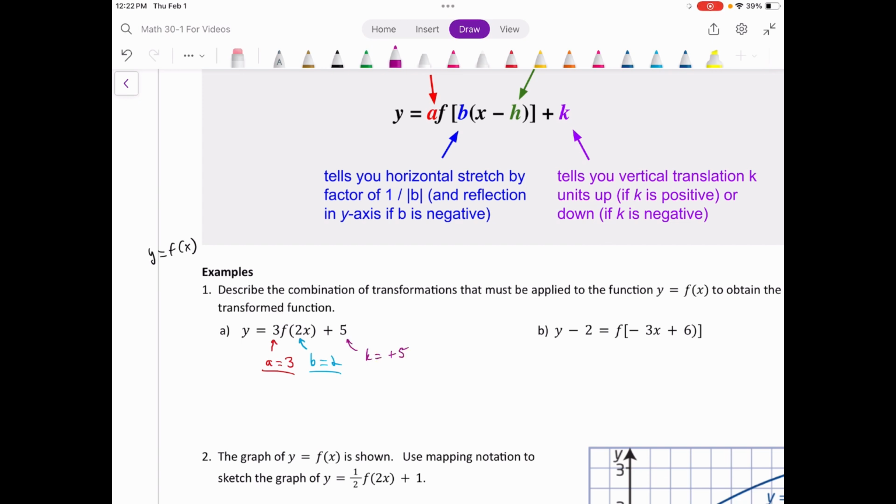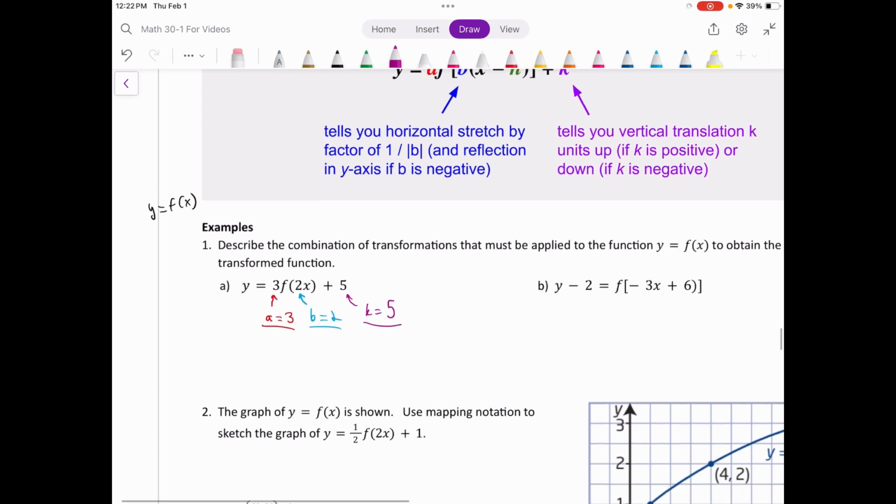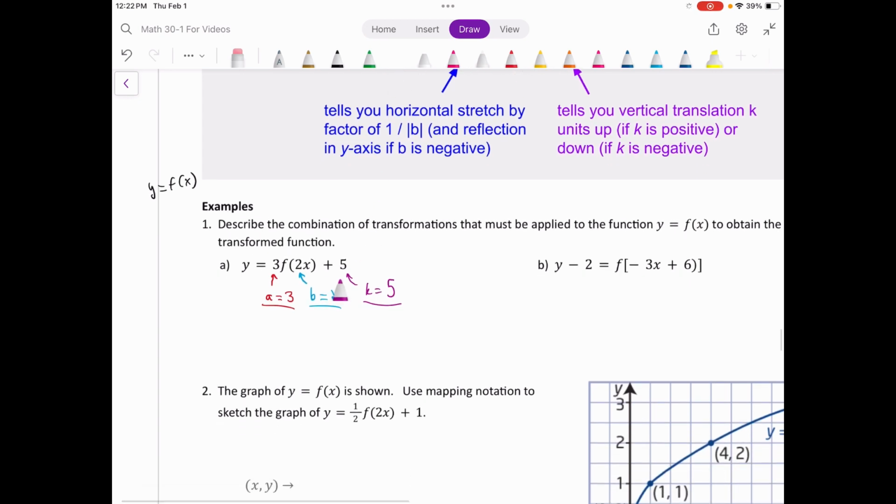Okay, so if we think about that, right, what does this mean in terms of the transformations? And we got to be careful about order here. Don't forget, RST, right? Reflections and stretches must come before translations. That's just the order of operations. So, doesn't matter the order, but we must deal with A and B before K. This is a translation. These are both stretches.